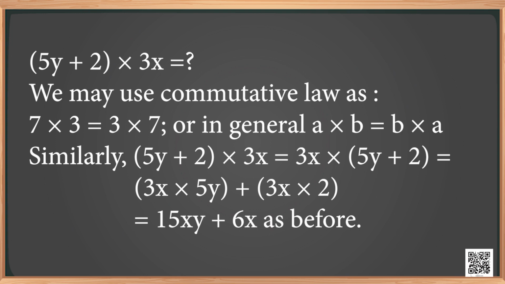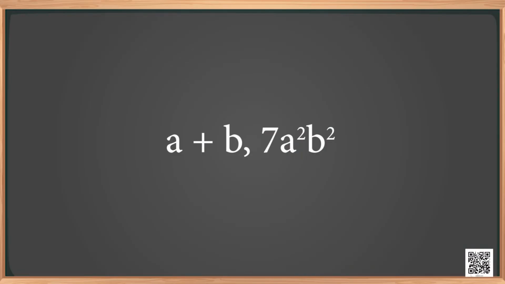Similarly, 5y plus 2 into 3x is equal to 3x times 5y plus 2, which is equal to 3x into 5y plus 3x into 2, that is nothing but 15xy plus 6x. Now, try to find yourself the product of a plus b and 7a square b square.